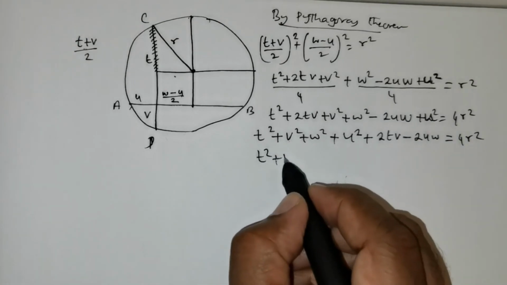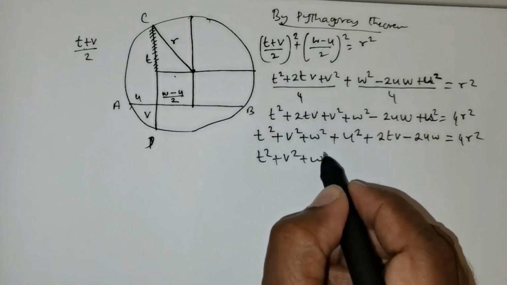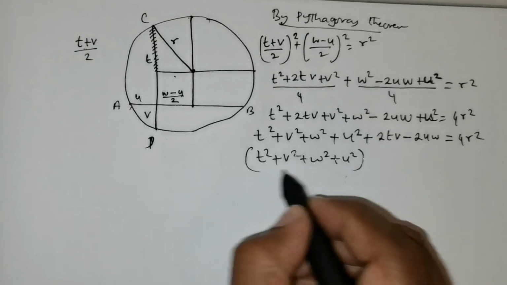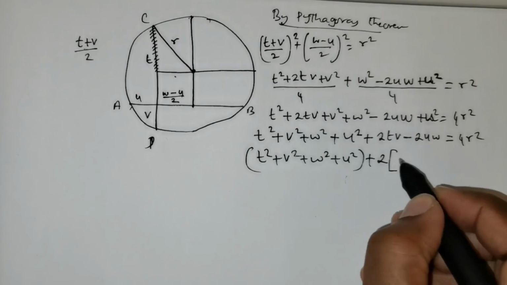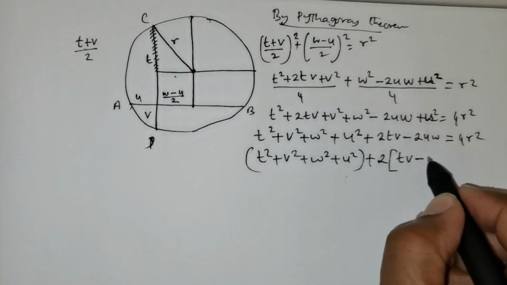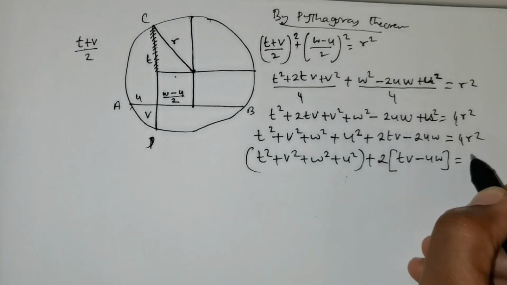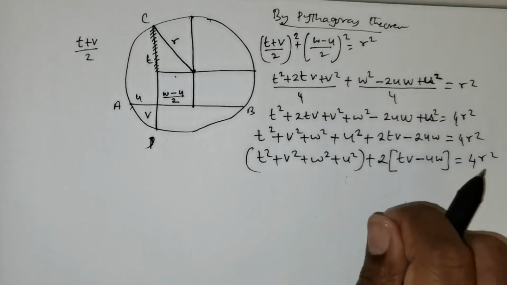Again, clubbing them, t squared plus v squared plus w squared plus u squared plus 2 times (tv minus uw) will be equal to 4 times r squared.